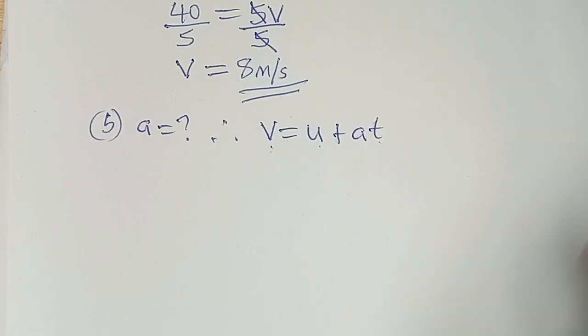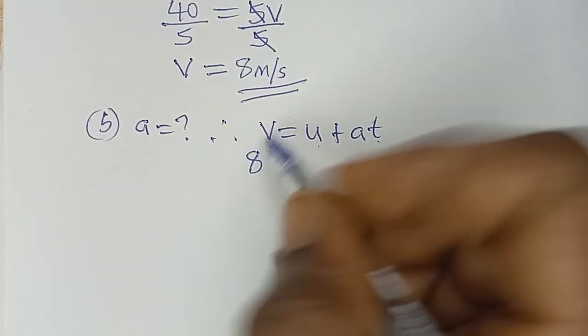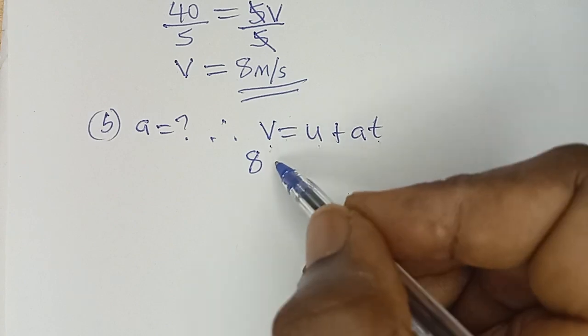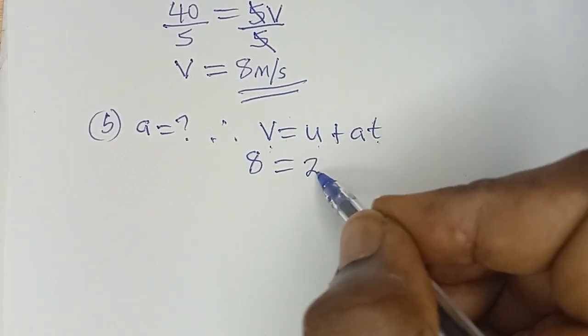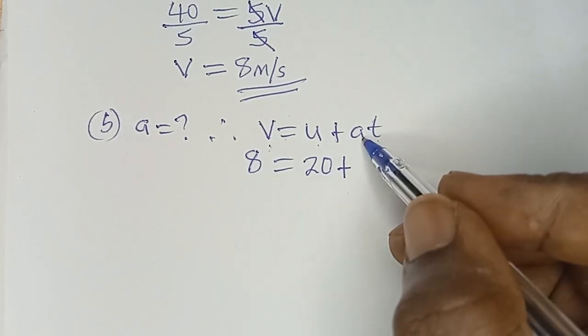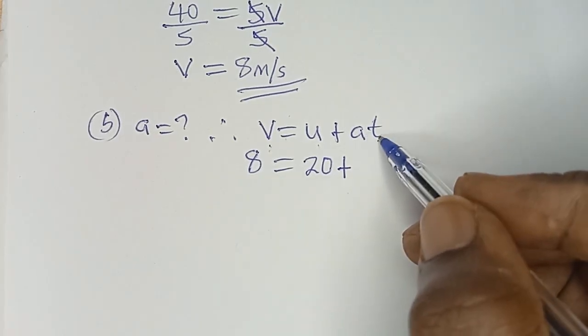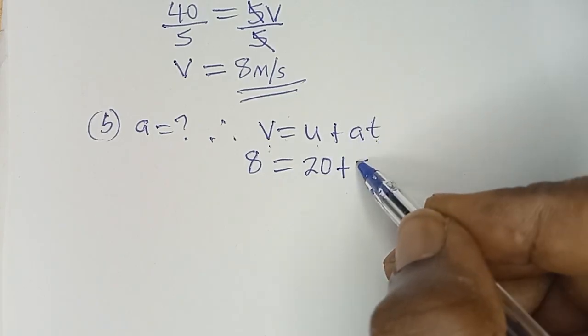So now let's substitute the values. So V is 8 as obtained here, and is equal to U, the initial velocity from the question, is 20, and then plus the acceleration is what we are looking for, and the time is 5 seconds. So 5 multiplied by A will give me 5A.